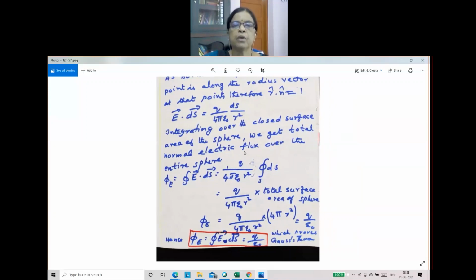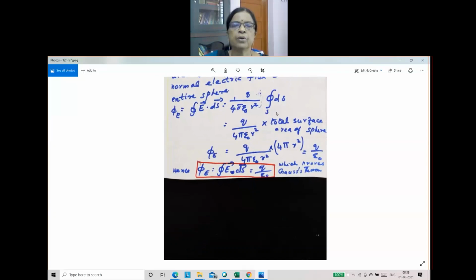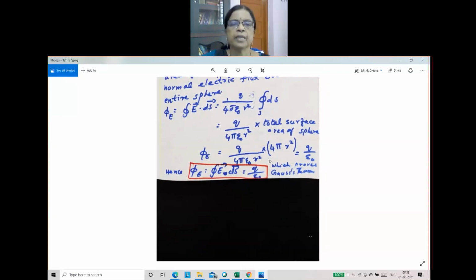E is 1 by 4 pi epsilon 0 q by r square. Integral dS is the total area of the sphere, 4 pi r square. So we write q by 4 pi epsilon 0 r square into 4 pi r square. The 4 pi r square cancels, and we get q by epsilon 0. That is the proof of Gauss's theorem.